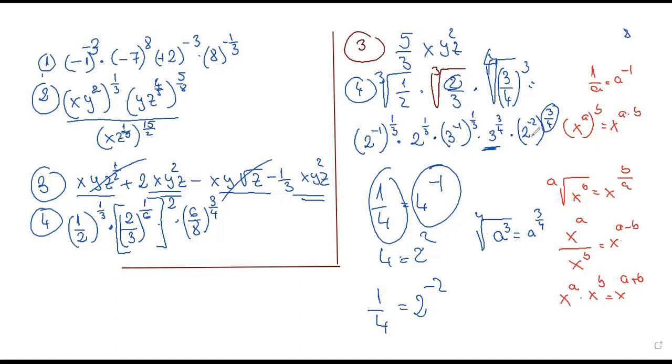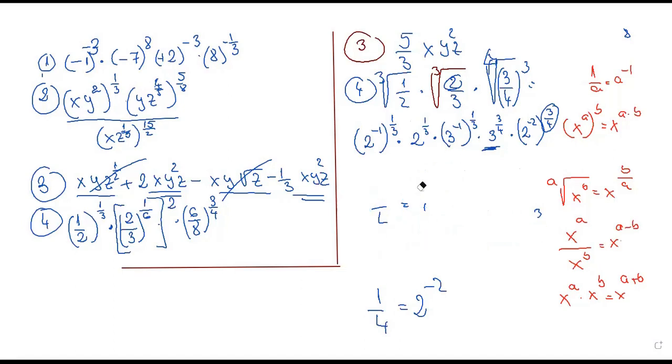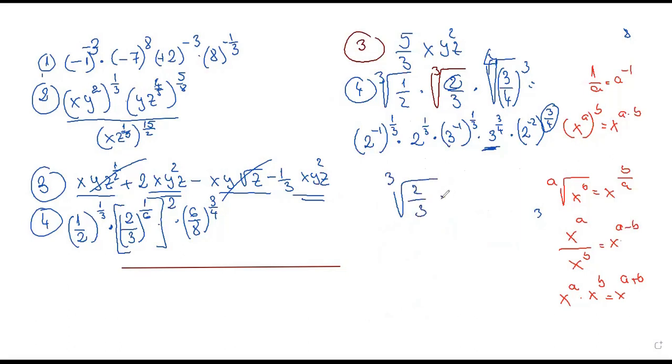Okay, last question: how did you get 3 to the minus 1 to the 1 over 3? Then I'll fully understand. So you have 2 over 3. The cube root of 2 over 3 is the cube root of 2, so it's 2 to the power of 1 over 3, to the power of 1 over 3.